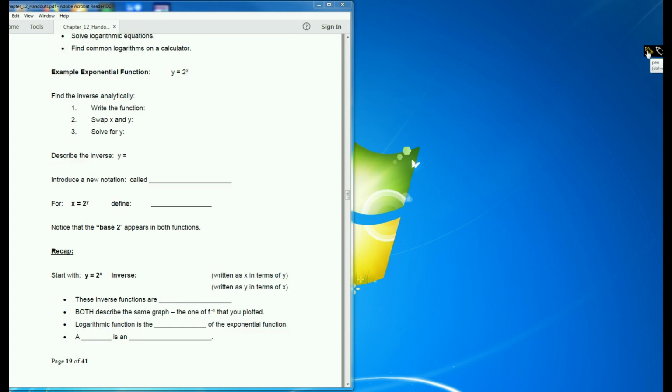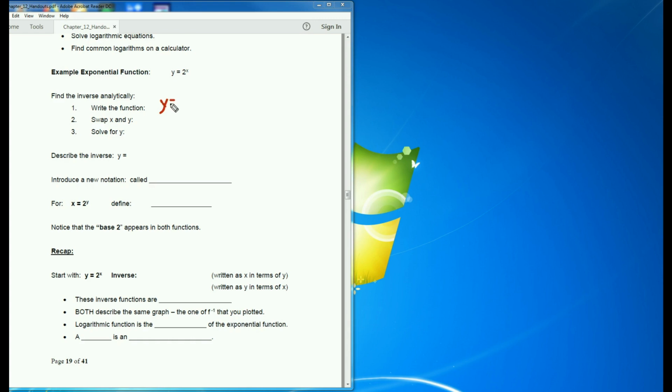All right, so on the next page, we just plotted the inverse of the function y equals 2 to the x. Now let's try to find the inverse analytically using the methods that we had learned in the previous section. Okay, so we just write the function, and again, I could have had f of x equals 2 to the x, but we would replace the f of x with y.